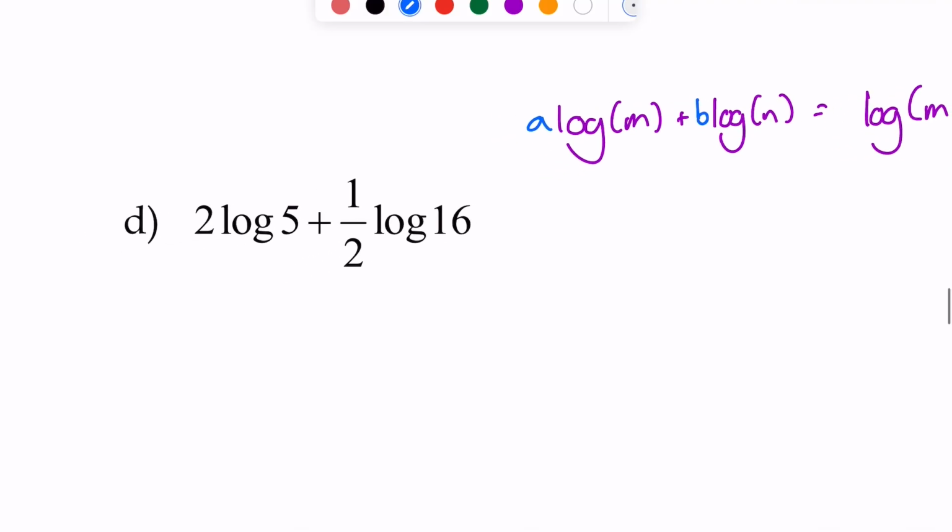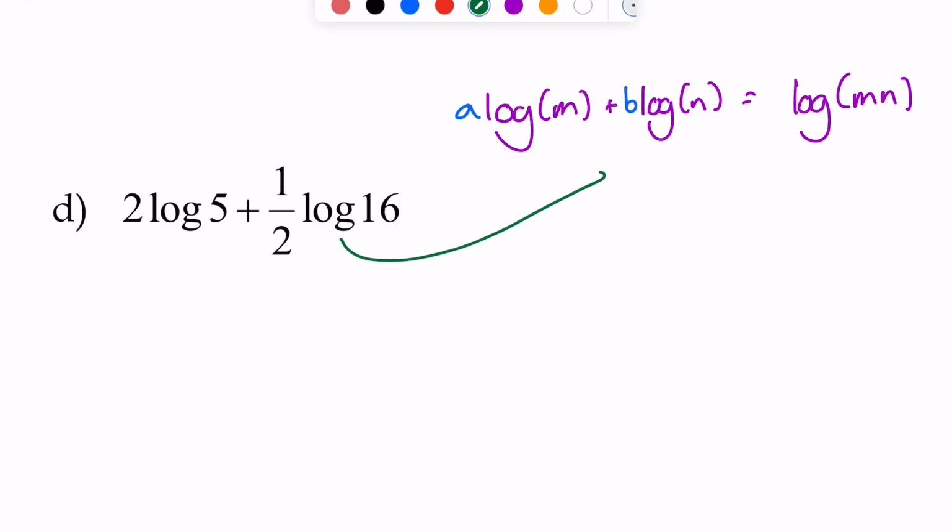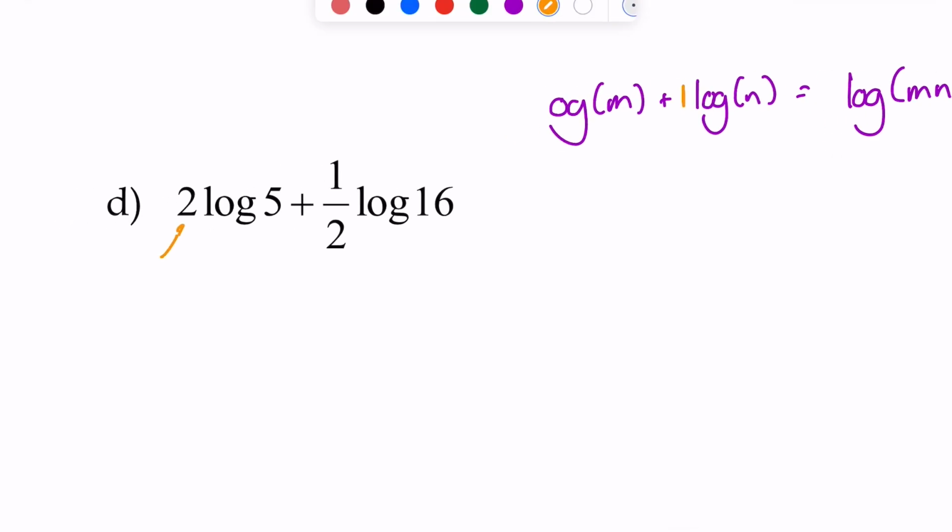In this problem we have these coefficients, this 2 and this half. So you can't just directly apply this law because you have that a and that b. We need to write it so that we have only a coefficient of 1 in front of both of these.